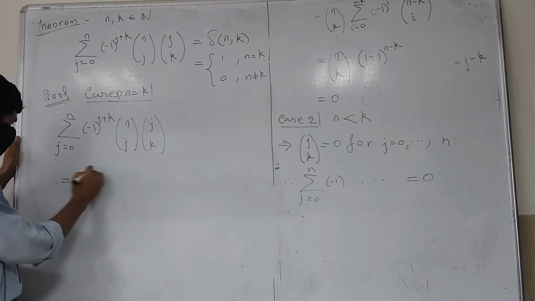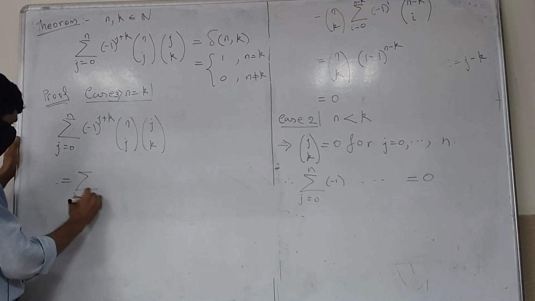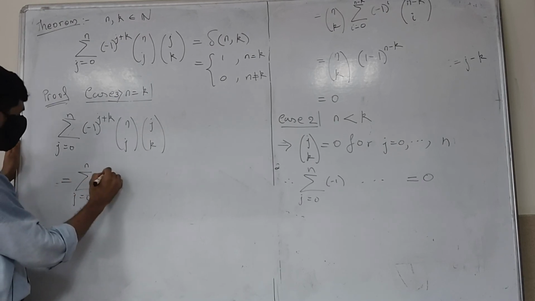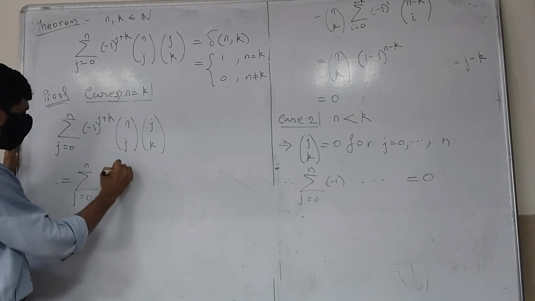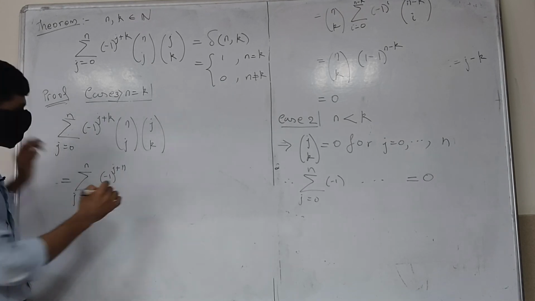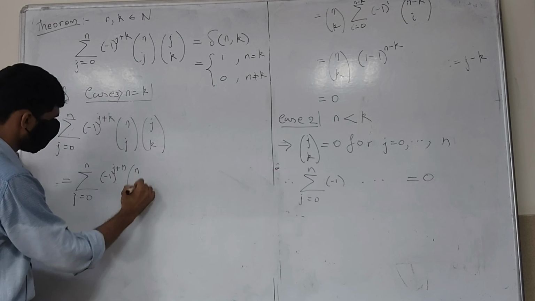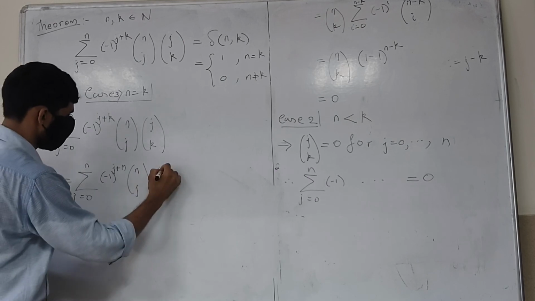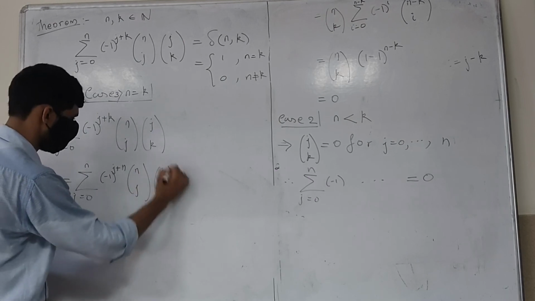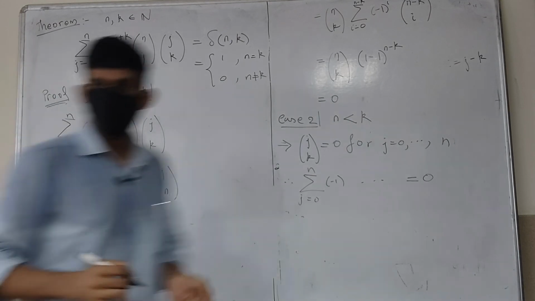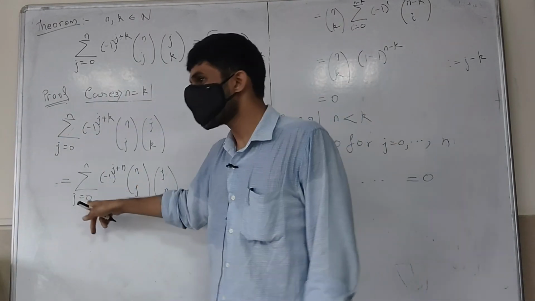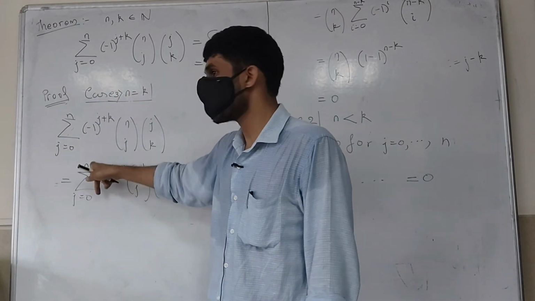Here, from 0 to n, this will be (−1) raised to j plus n, replacing all k's by n's, and then you have nCj times jCn, right. For most of the terms, j is less than n, right.